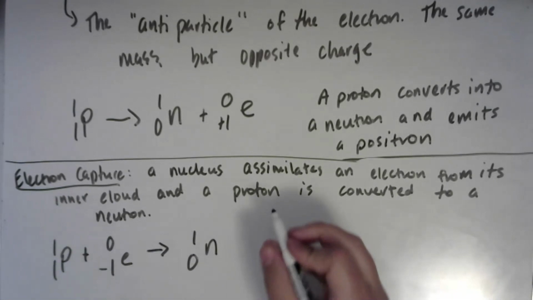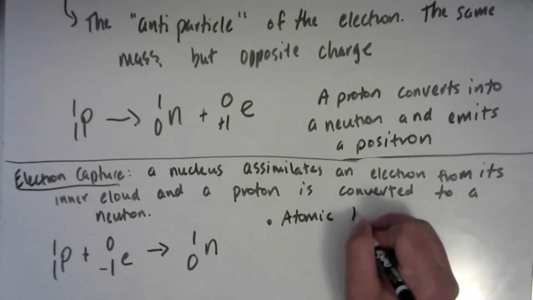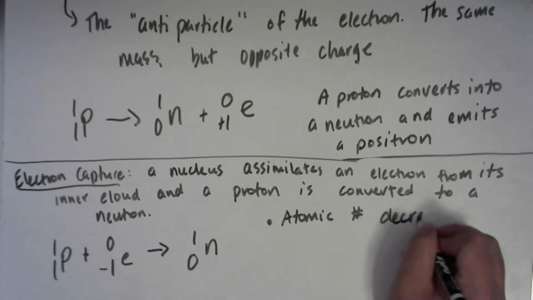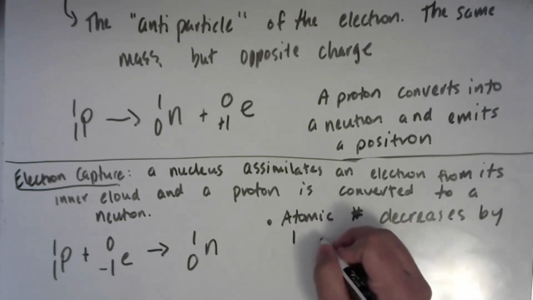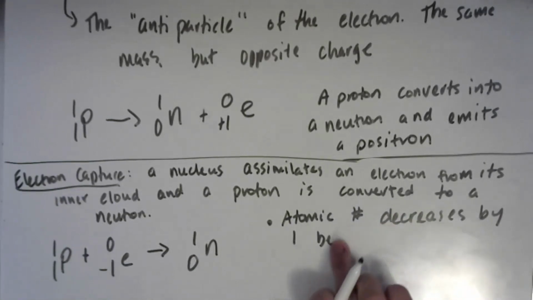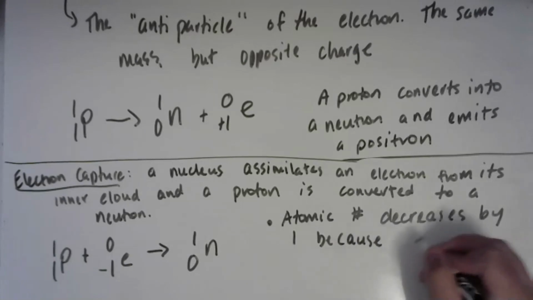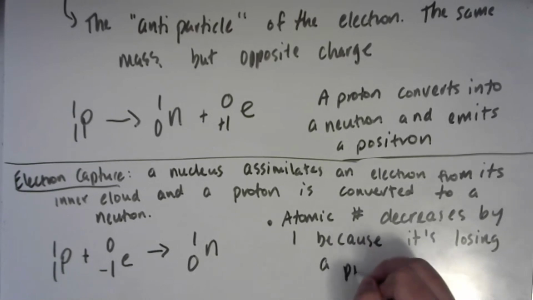Okay, so you end up having your atomic number decrease by 1 because it ends up losing one of its protons. Okay, so the identity of the element then is going to change. All right, so those are the different types of nuclear decay.